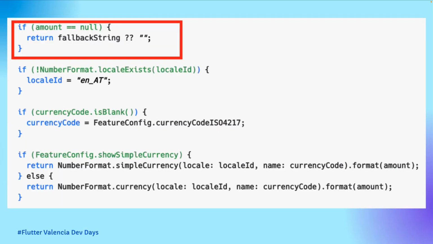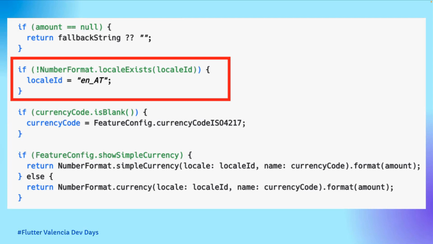Once we had the entity config for each locale, we needed a utility class for showing every price in the correct format, based on the user's locale and the currency. First of all, we check if the amount is null. If it is null, we return a fallback string. If the locale doesn't exist, then we fall back to the default one, which was English Austria.